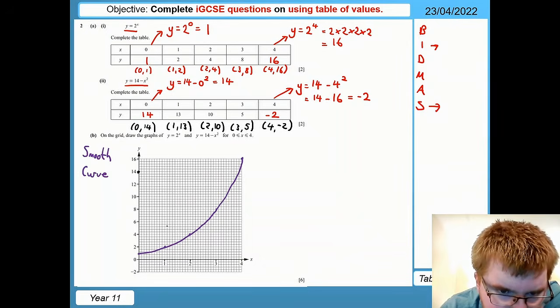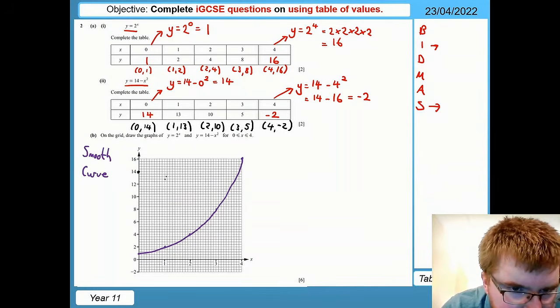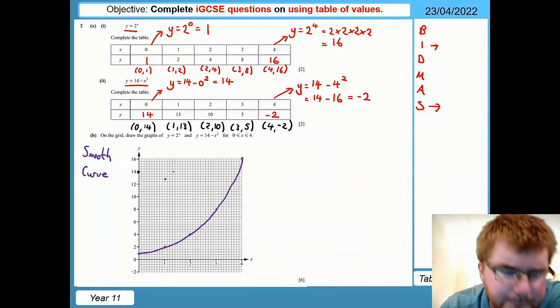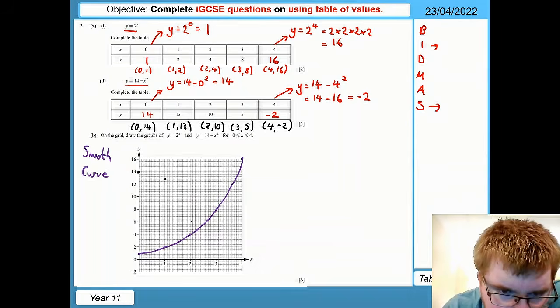So this is going to make me dizzy, I'm sure. This line here, and we want halfway. So I want there. Try and make sure I get exactly halfway. There we are. And then we've got 2, 10, so 2 along and 10 upwards.